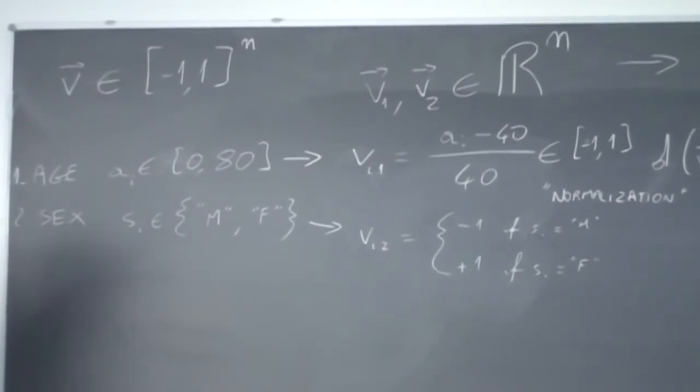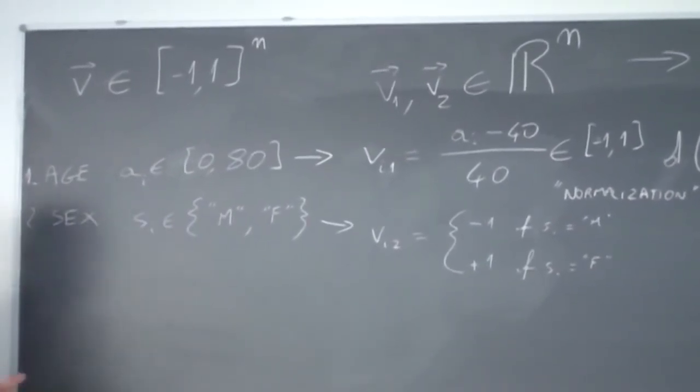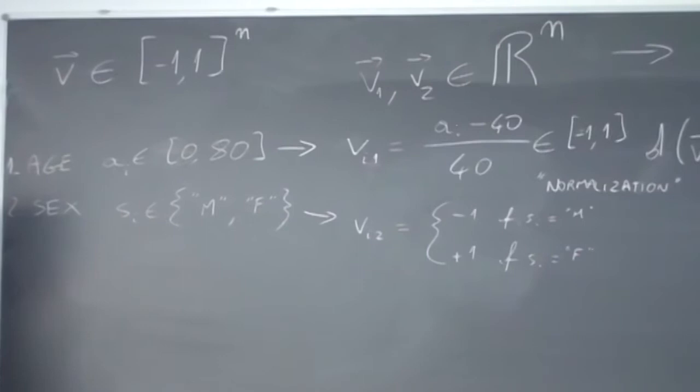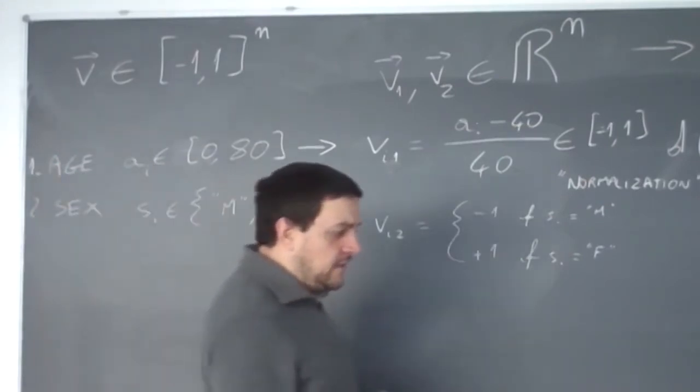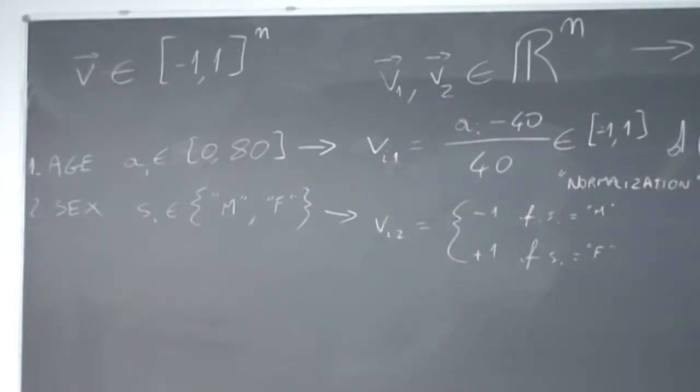So suppose that we normalize every feature of each of our customers in this way. Now we have a set of values that come between -1 and +1.